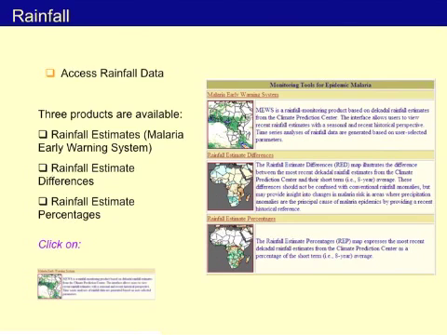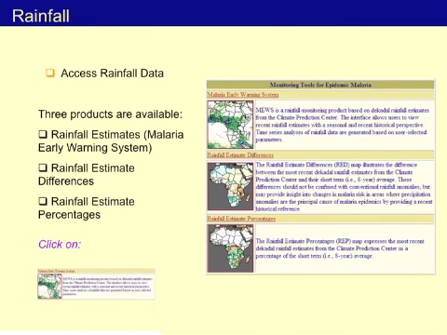The second product represents the rainfall estimates differences, which is based on the previous product but illustrates the difference between the most recent 10-day rainfall estimates from the short-term average. This product represents the spatial anomalies in terms of rainfall, where blue color represents above normal rainfall, wet conditions, and in brown, below normal conditions or dry conditions.